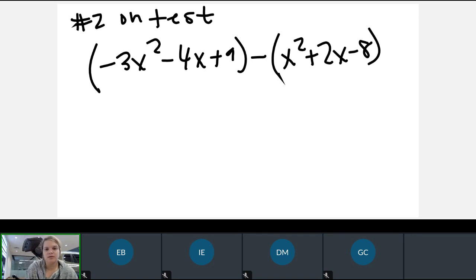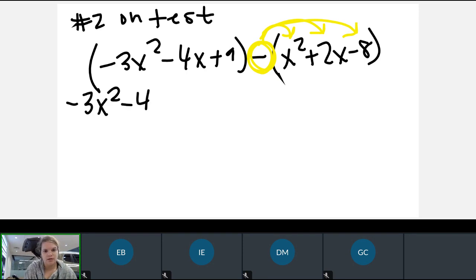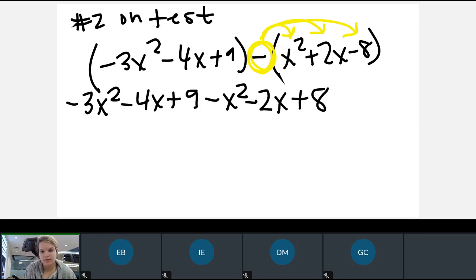The key here is this negative has to get distributed to every term. So I'm going to rewrite it with having multiplied every term by negative 1. So this is all going to stay the same. Negative 3x squared minus 4x plus 9, and then I have minus x squared minus 2x plus 8. A negative times a negative is a positive.